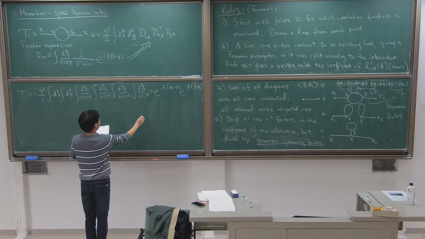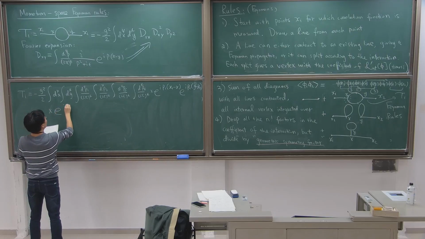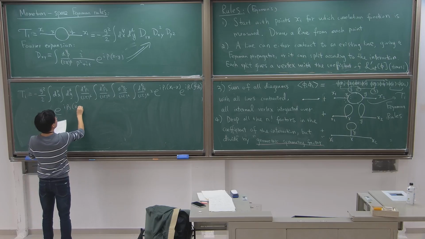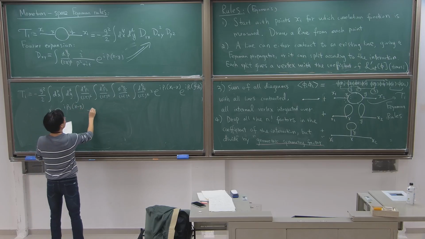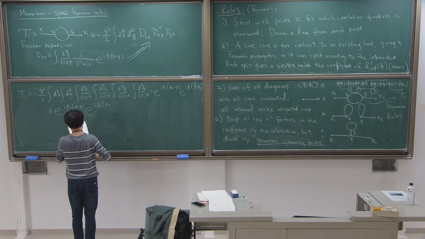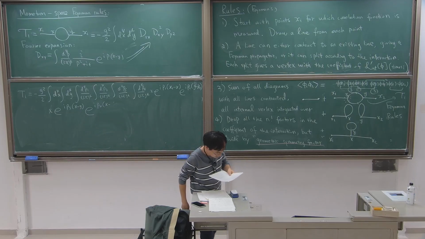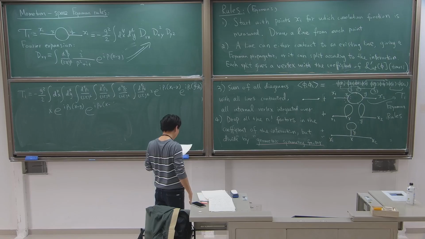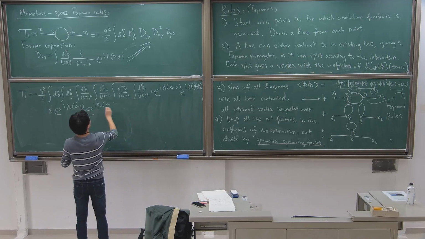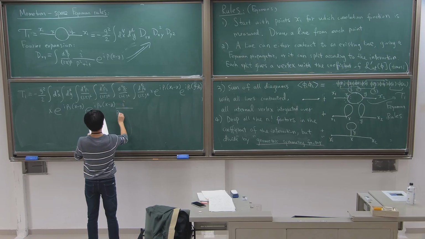And of course, there is a factor e to the ip3, which is associated with x minus y. There is also an e^{ip4}, which is associated with the other x minus y. I think there is a typo here. Yeah, it's okay. There are two x minus y propagators, so we have to do two Fourier expansions.